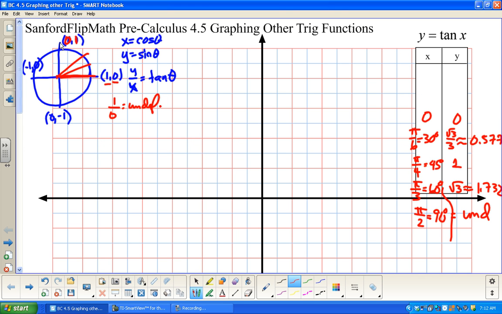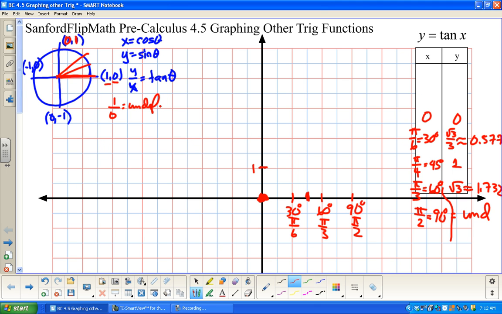Okay, so let's plot some points. I'm going to number by 30s here. And you know that this is pre-calculus, so we're really not going to do this in degrees. We're really going to do this in radians. So 45 would be right in between there. All right, so here's 0, 0, 30, and 0.577.